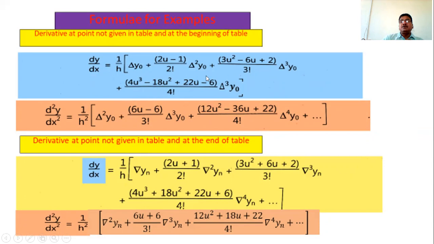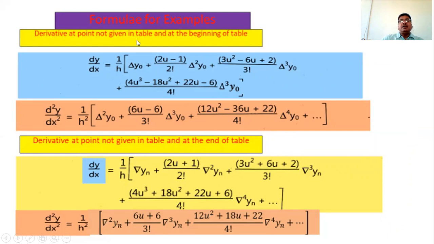The formula for the general first order derivative, that is at any point we can find the first order derivative by using this formula, and the second order derivative by using this formula. Already we observed the proof of these theorems, and the derivative at the end point.